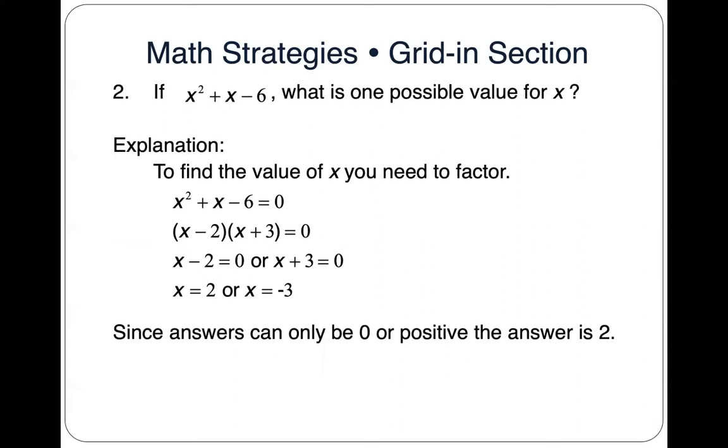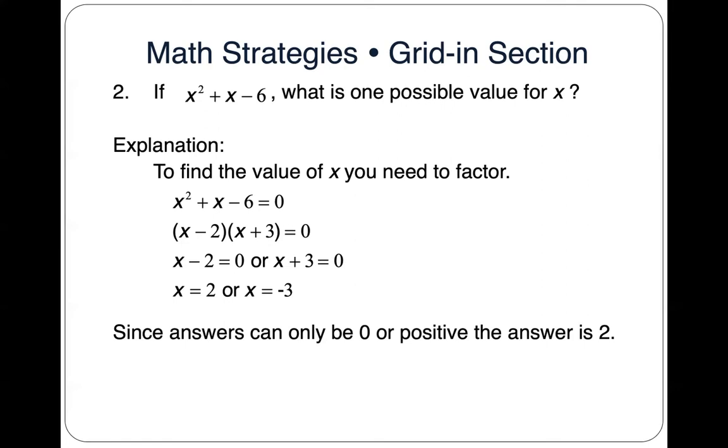Another example is if x squared plus x minus 6 equals 0, what is one possible value for x? An explanation is to find the value of x, you need to factor. And x squared plus x minus 6 factors into x minus 2 and x plus 3, because those two numbers multiply to be -6 and add to be a plus x in the middle.